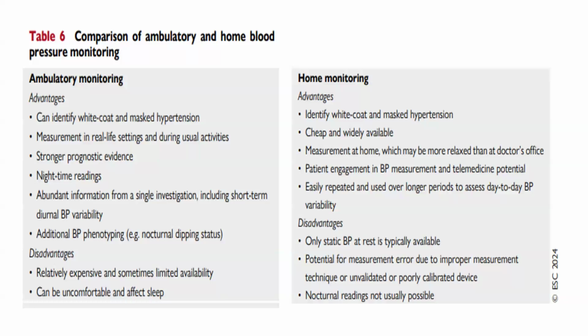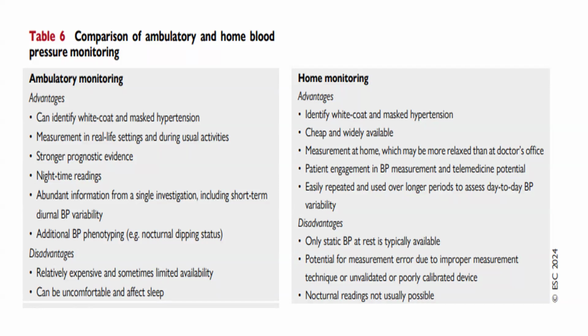And with home monitoring, the patient himself is monitoring the blood pressure, so there might be technical difficulties with measuring the blood pressure accurately, but it's easy. It's good for evaluating the longitudinal blood pressure of the patient, because ambulatory monitoring is done only for 24 hours, but with home monitoring, the patient can do recordings for several days.